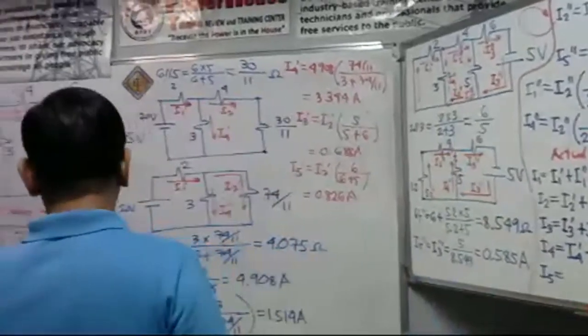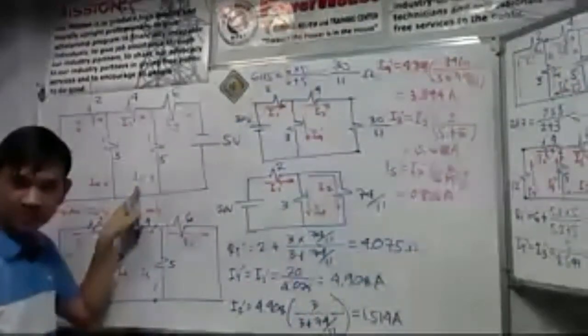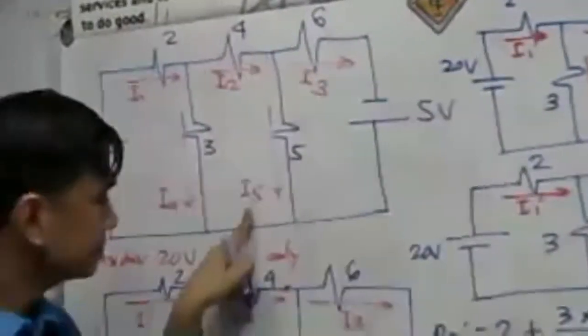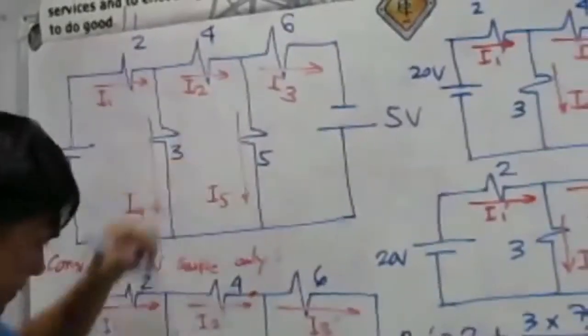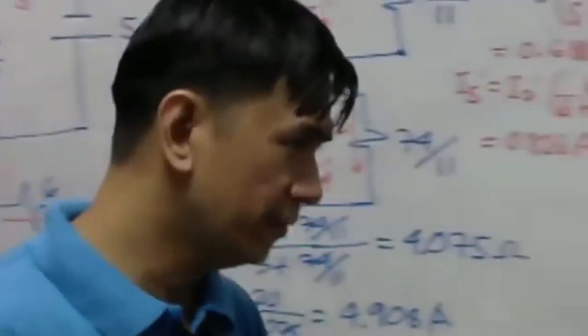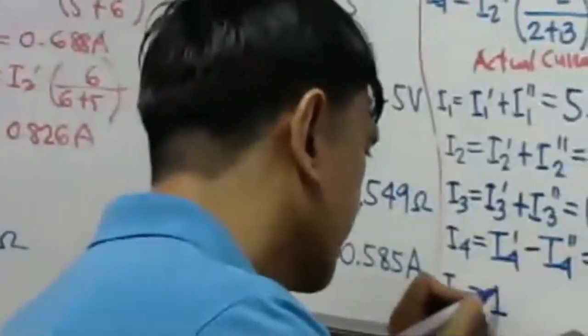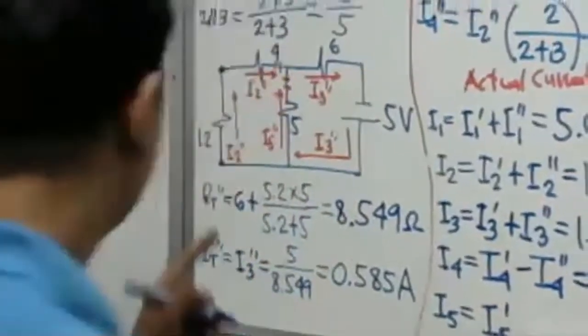Okay, so we have I5. Tingin, mga ka-aware pa. I5 is downward, but I5 prime is also downward. So therefore, I5 prime. What about the double prime?